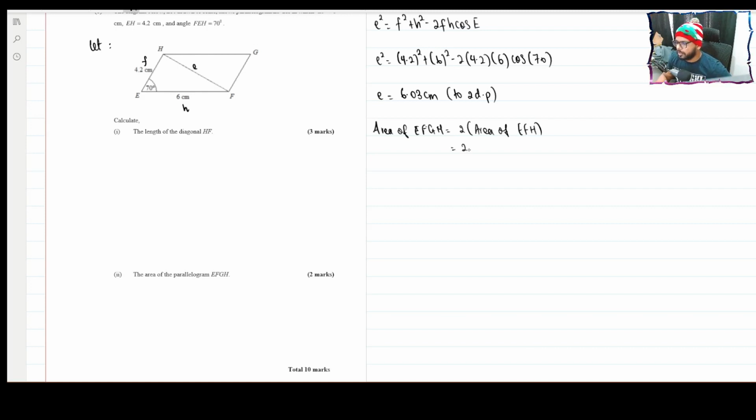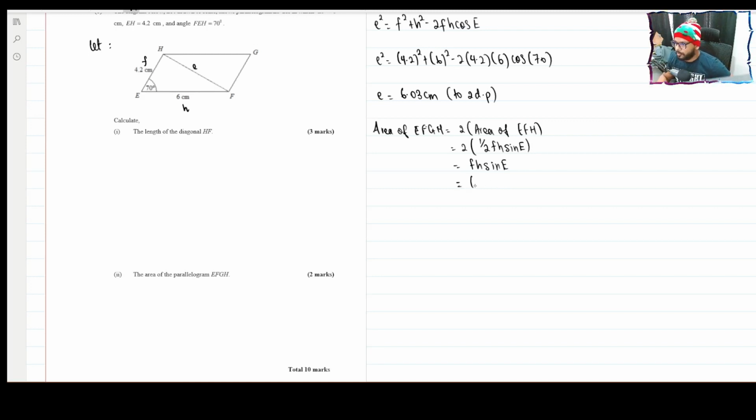which is 2 multiplied by, one of the formulas I'll use for the area of the triangle, a half AB sine theta. In this case, it's going to be a half FH sine of E, which, a half by 2, is just FH sine E. Looks kind of weird, but that's because of the labeling.